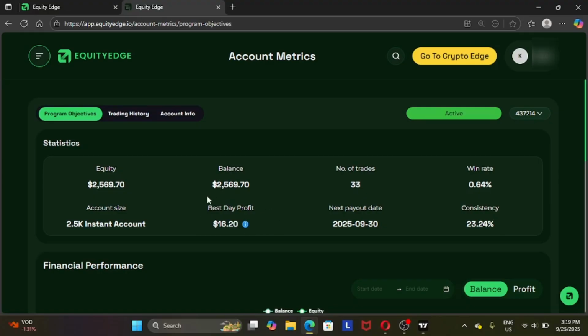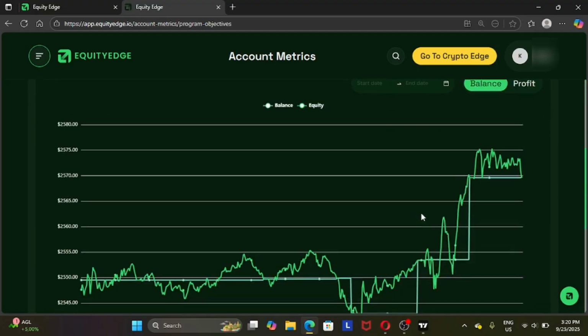If I'm targeting $200, which is 2,700, if I target $30, the consistency score will be 15, right? But at this rate, if I finish the 2,700 with a best day around 15, the consistency score will probably be below 10. So yeah, it is what it is.